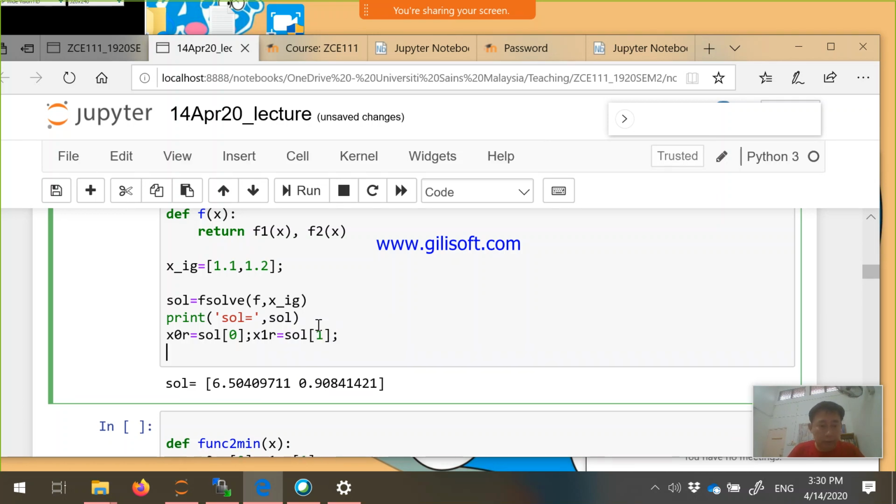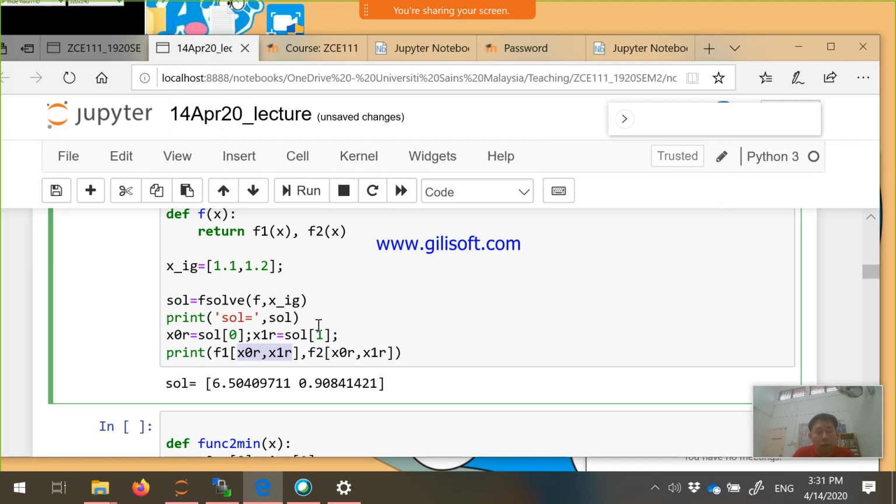Okay, so after you have done that, you can actually try to print out f1. So you try to print out f1 at x0r and x1r, right? You can also print out the values of f1 at the root.